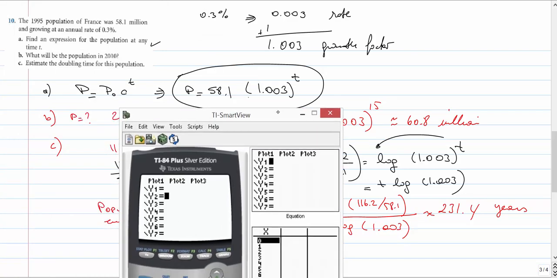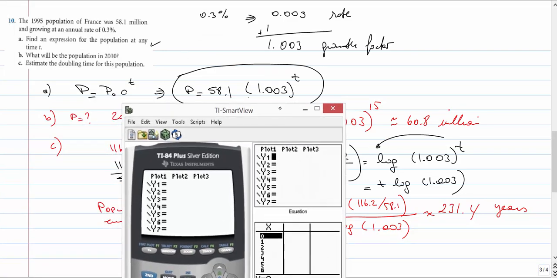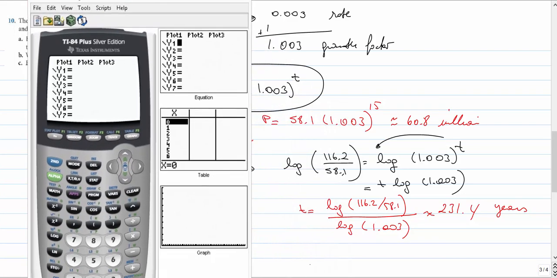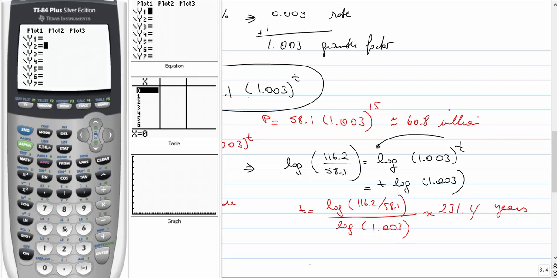Okay, now let's say I'm gonna type my function here, 58.1 times 1.003 to the power x.